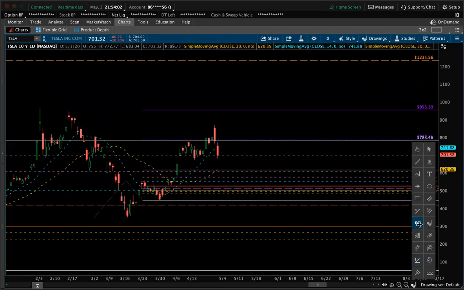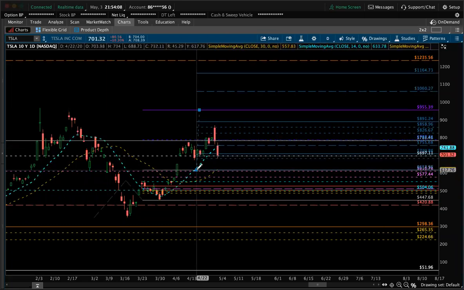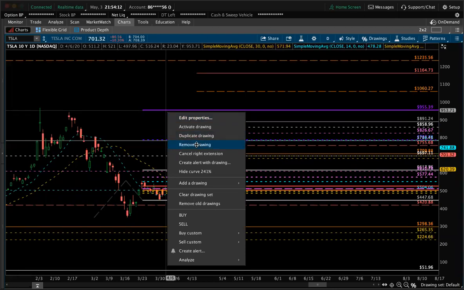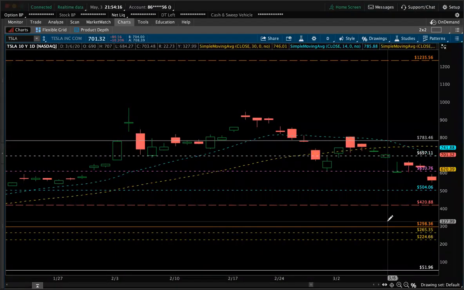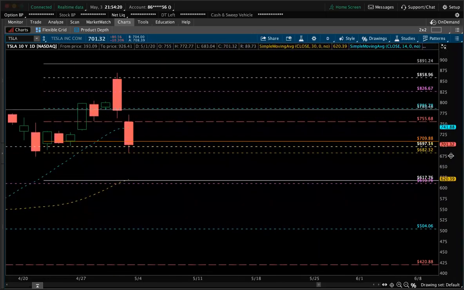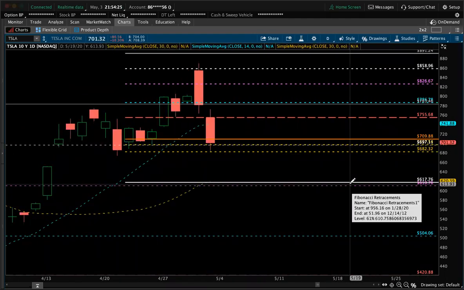Then with that being said, I put in a retracement inside this level just to see exactly what they're doing. Brings me down here. Now I'm going to remove this extension just to get a clear picture with the retracements. And this is what happens to the T. That hidden low, 682.32.